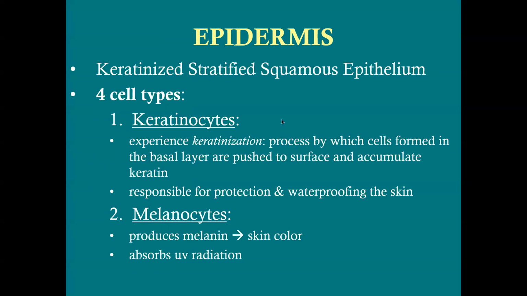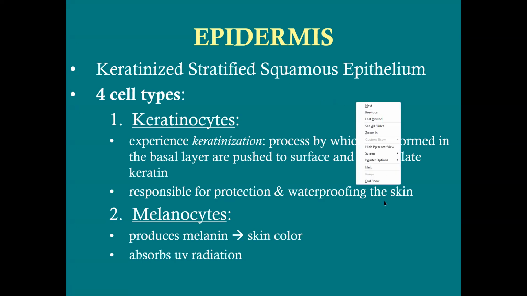Now, let's talk about the epidermis. There are cell types in the epidermis that are particularly important to us, okay? There are 4 types. And then they're going to be found in different layers of the skin. Let's see if this makes sense to you. First one is your keratinocyte.